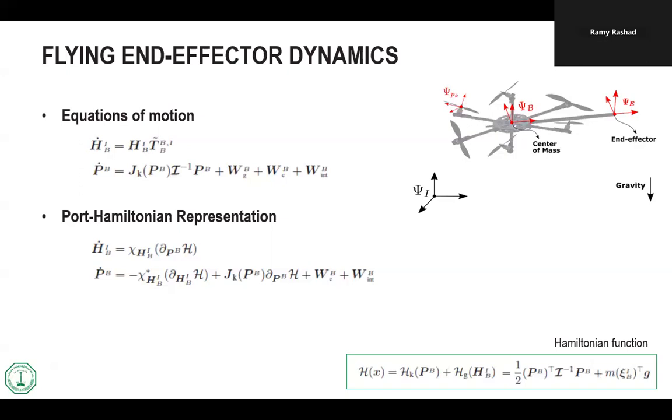How would you write the kinetic energy? You would write it half Q dot transpose multiplied by M of Q times Q dot. You can define something called the generalized momentum for the manipulator, and it's equivalent to M of Q multiplied by Q dot. Some people call it pi.